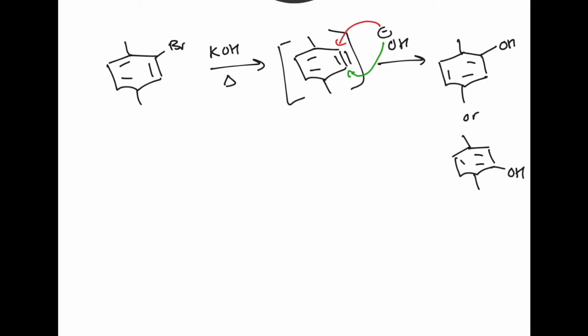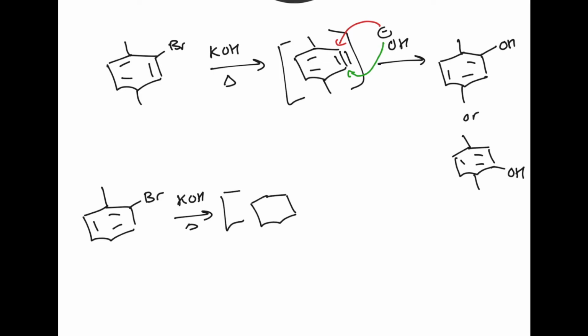If your benzyne isn't symmetrical, you're going to get a mixture of products. So let's say we had just ortho-bromo-toluene. Same deal. I get my benzyne intermediate.